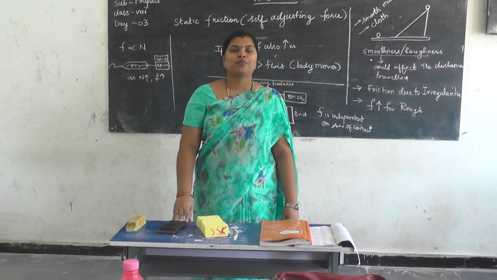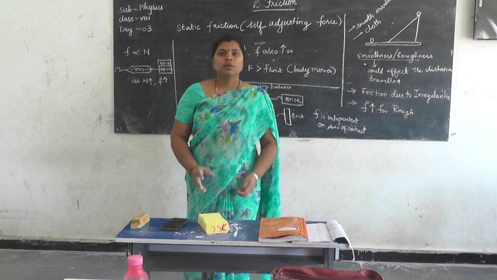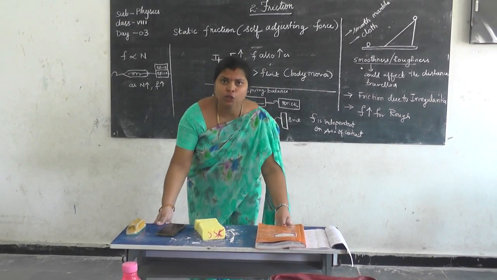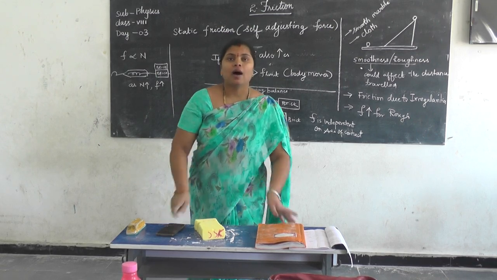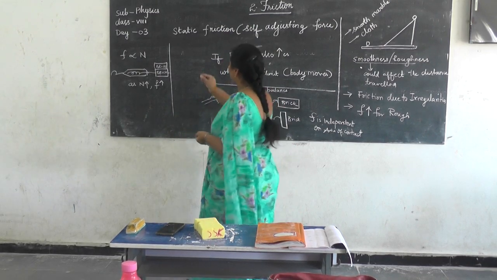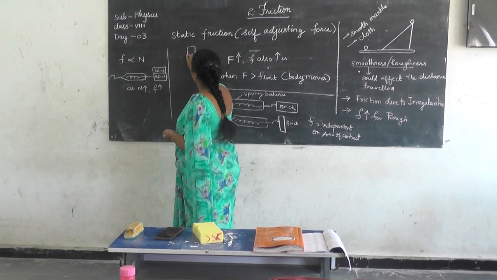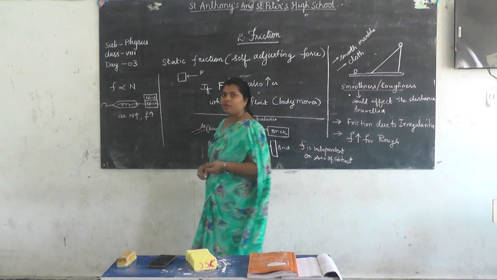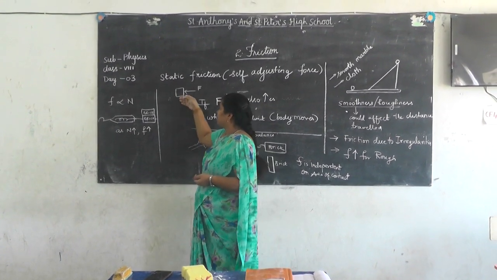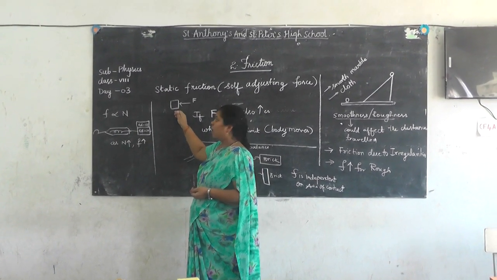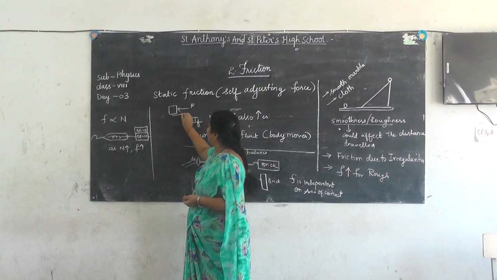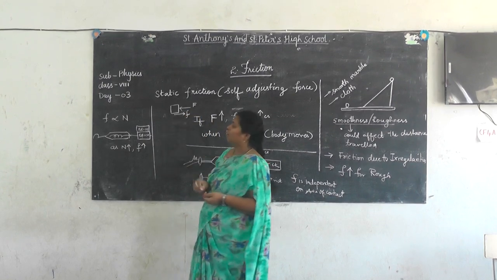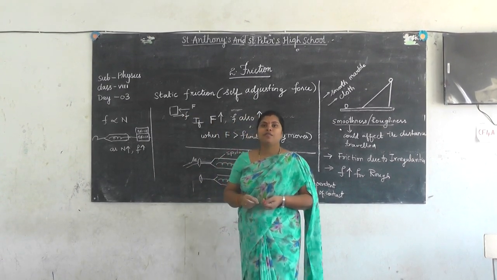Two things you have to observe. When I am trying to push the bench, my force F is applied on the body, and the surface of the ground opposes my motion, and I call this opposition force frictional force.